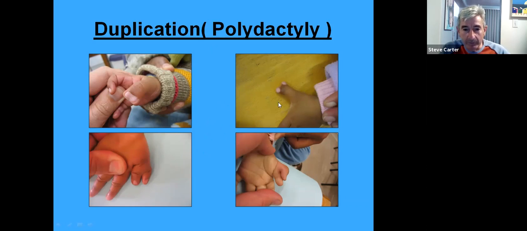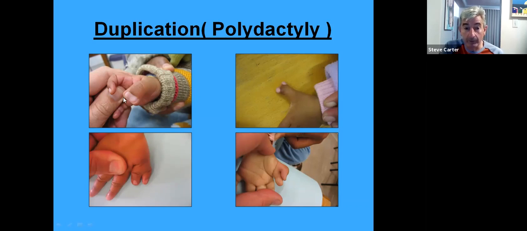So to get back to what we do, obviously from these duplicated thumbs, we have to create one thumb. And when they're duplicated like this, they're both smaller than what a normal thumb should be. So they sort of steal growth from each other. And based on each different level, there's a different operation which is described to do it.